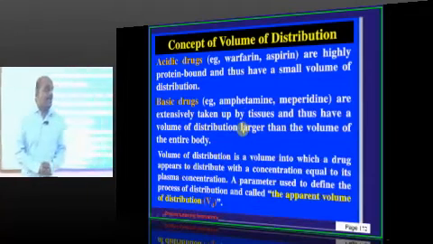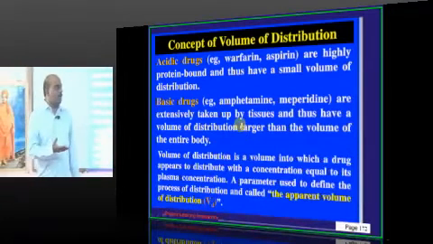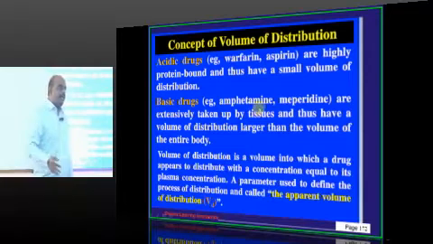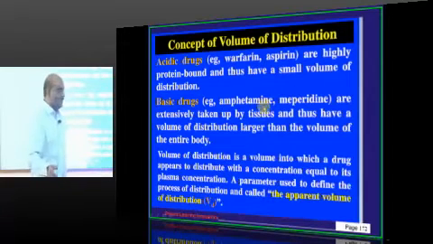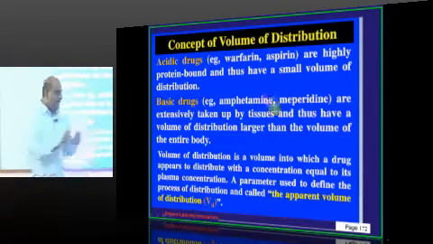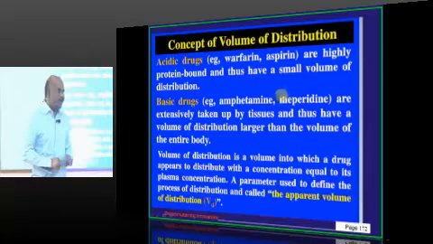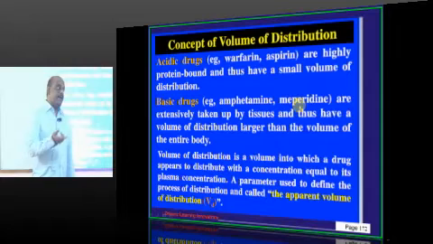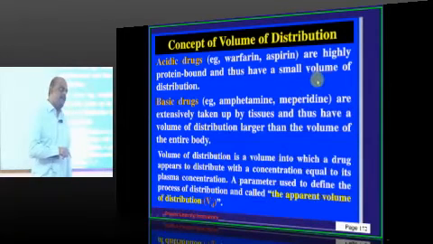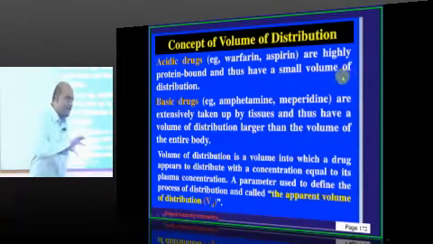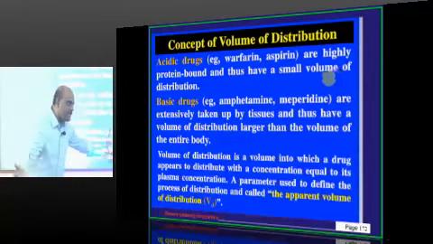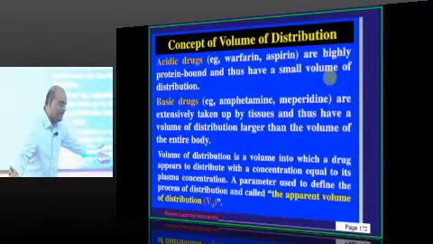Why is this fact important? Suppose you have a drug toxicity. One way to treat drug toxicity is to dialyze the blood. The dialysing machine will suck the drug out of the blood, so that toxicity will come down. But for any drug to be dialyzed, if it is in plasma, it is dialysable, but if it is in extra-plasma tissues, is it dialysable?